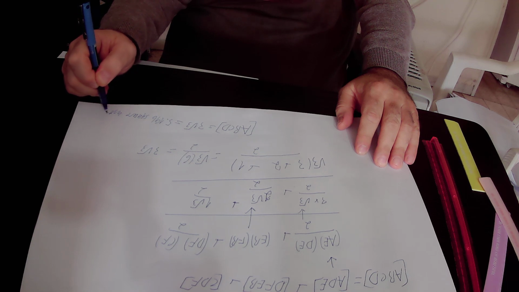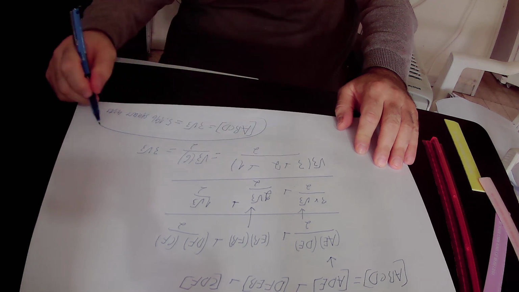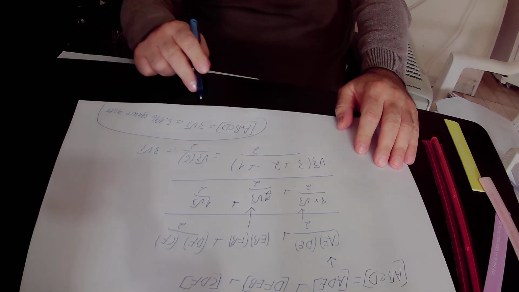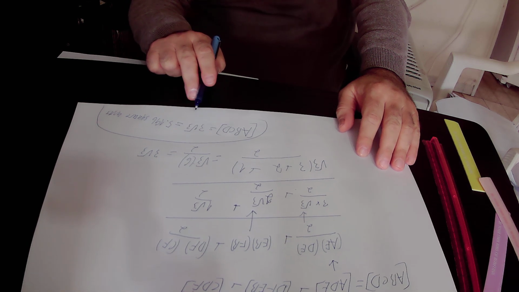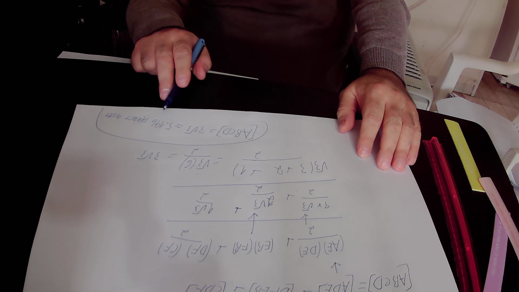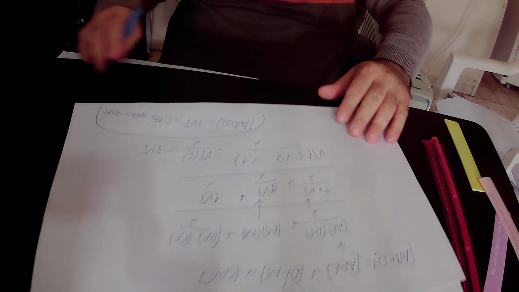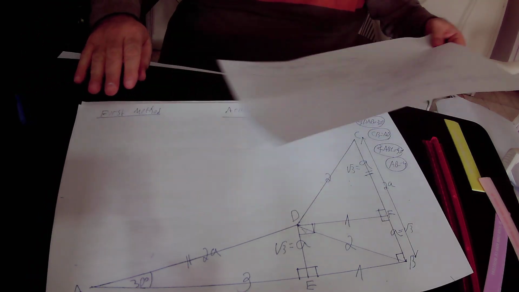Okay? Repeat again, the area of quadrilateral ABCD equals either 3 times square root of 3 square units, or in terms of numbers, 5.196 square units. So we finished with the first method.